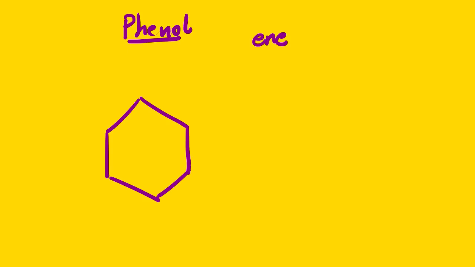So it means that it's a specific ring that has double bonds within that particular ring. It's also known as an aromatic. It's a benzene ring that has double bonds and it has 6 carbons. So in this case, if the hydroxy group is attached to the benzene or an aromatic ring, it is called a phenol.